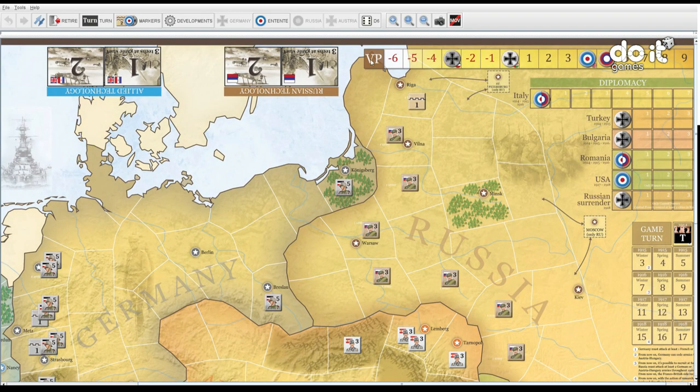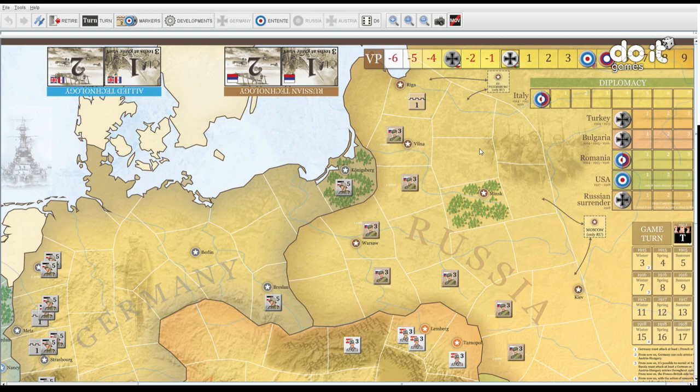Well, we also have a victory point track. You will see that each power has a marker, and at the end of the game we can calculate how many victory points each power has, and the player that plays with the power with the most victory points is the winner of the game.